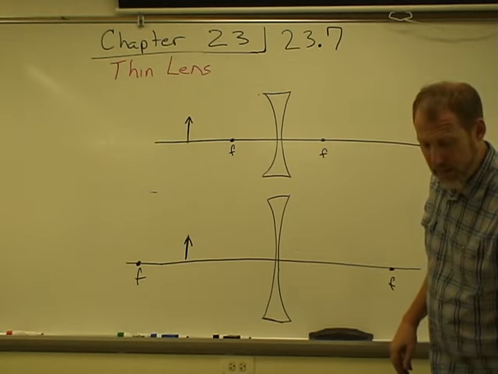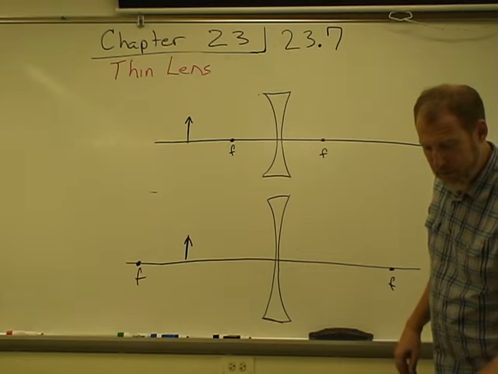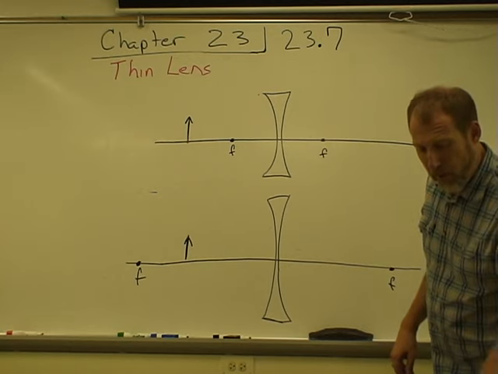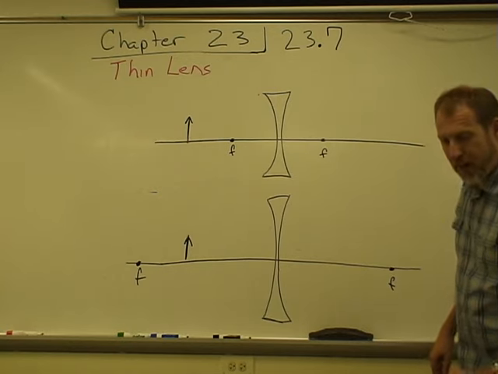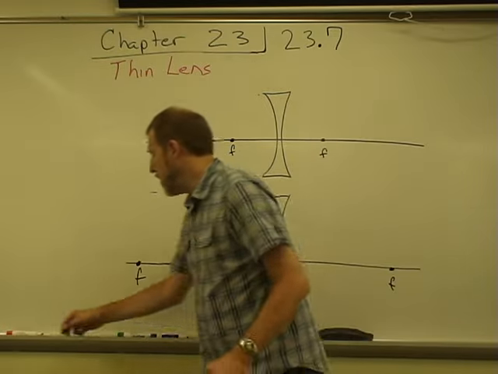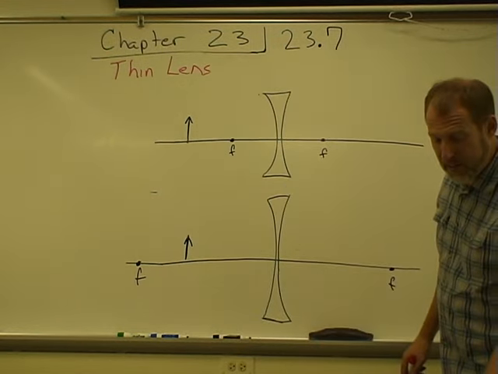In the same way as we could use three rays that would enable us to find where the image is happening for a converging lens, we can do the same thing for a diverging lens. Not the same three rays, or there's a slight difference.